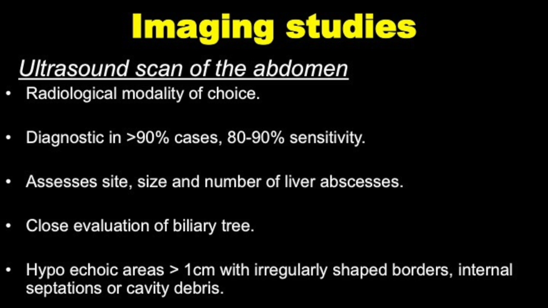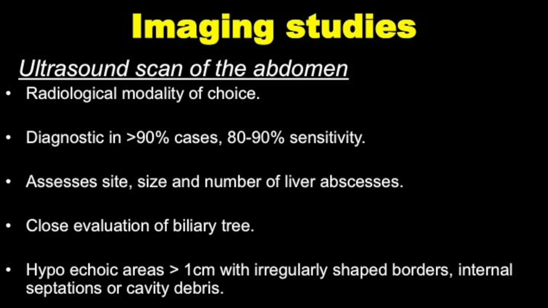And it helps us to assess the size and the number of liver abscesses, and also it gives us a close evaluation of the biliary tree, like maybe rule out any tumors in the biliary tract or any other thing that could present as such. So it also helps us to give us more information in that regard.